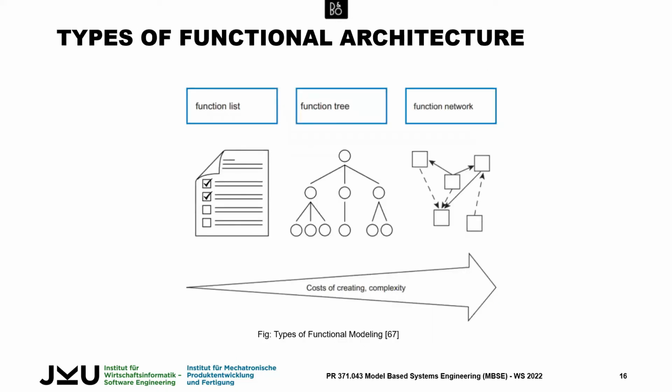So, types of functional architecture. You can describe your functions through a list. You can describe your functions through a functional tree. You know how we are doing the functional architecture. You see, this author is calling it a function tree.